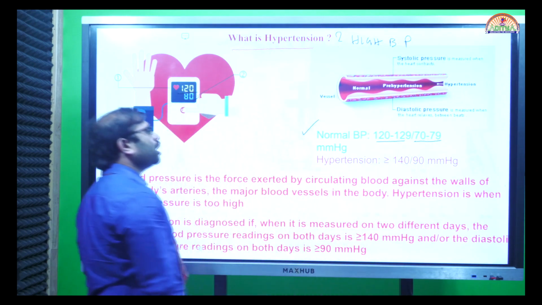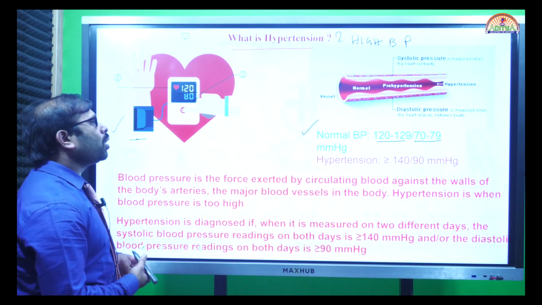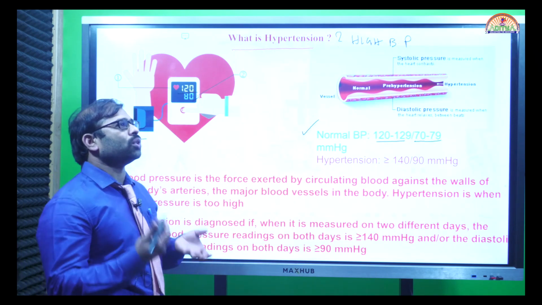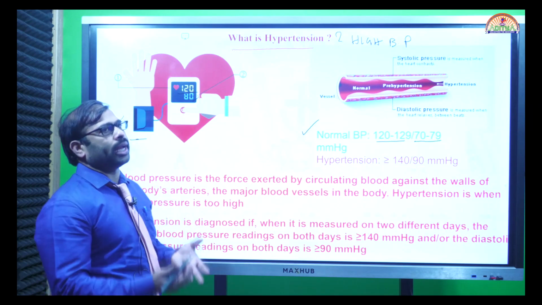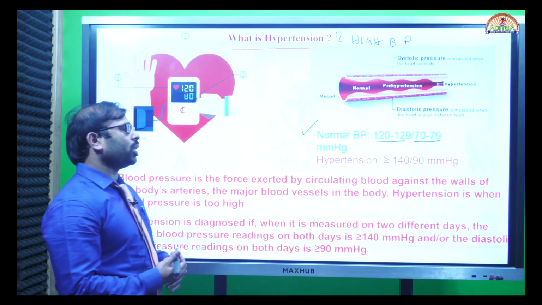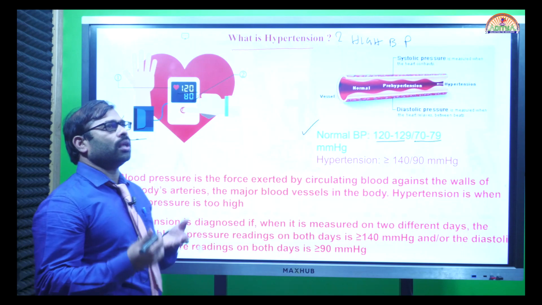Now, in any kind of medical situation, if the blood pressure crosses 120/80, that is, the normal BP value has increased beyond 120/80, then that is called high BP.